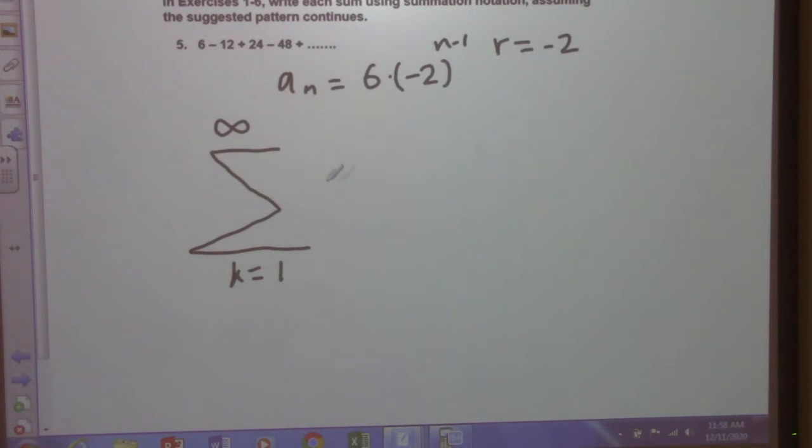So what's going to go in here? 6 times negative 2 to the power of k. And I don't know if it's k minus 1. Let's think about this. If we put in k, if we make this be 1, then our first term would be negative 12. So we have to put k minus 1 to make this work.